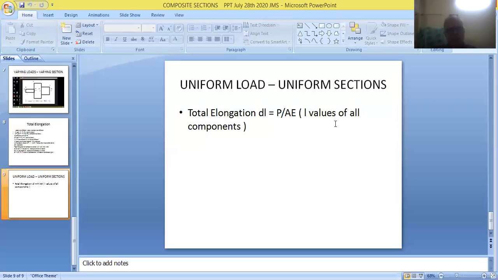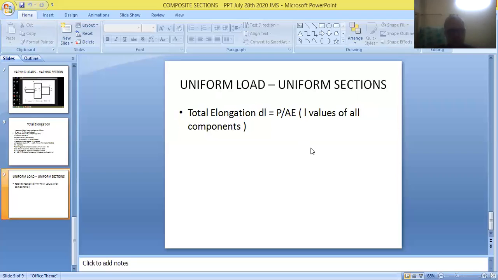If a tensile load is acting on the section, it will result in elongation, so all L values must be taken as positive. And if a compressive load is acting on the composite section, all the L values must be taken as negative. So if a tensile load is acting, it is written as L1 plus L2 plus L3.